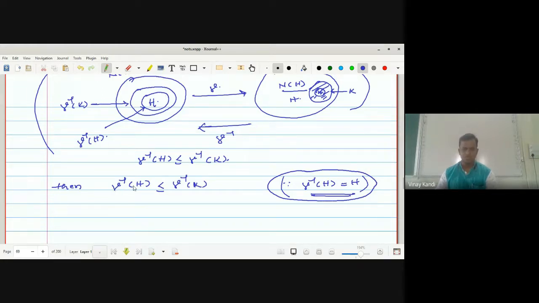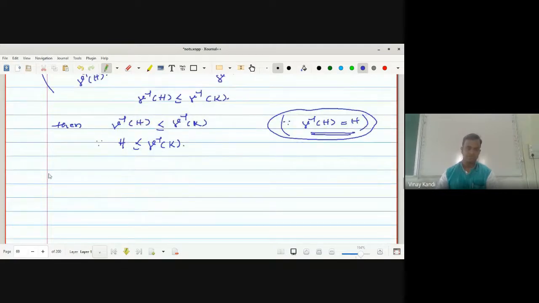Okay, now here sigma inverse of H, this H therefore is a subgroup of sigma inverse of K. Okay, what is sigma inverse of K?